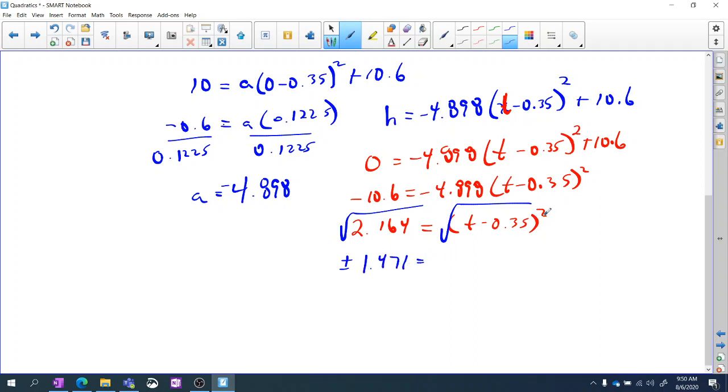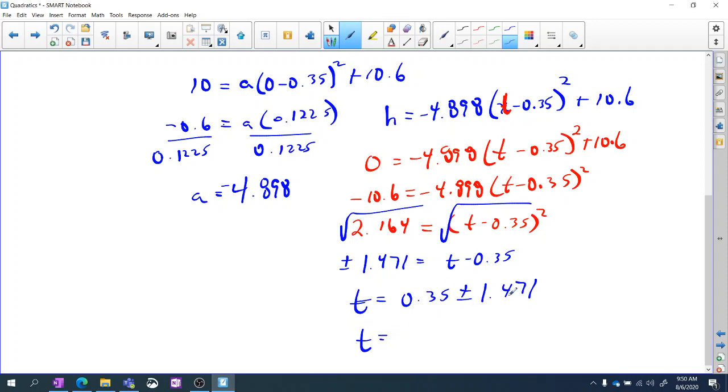Square rooting something squared will just give me this. We're going to move that over there. So my times will be 0.35 plus or minus 1.471.